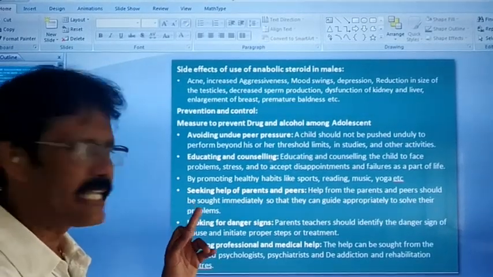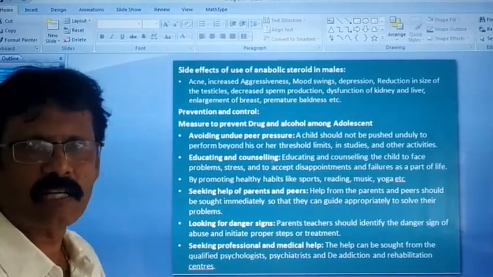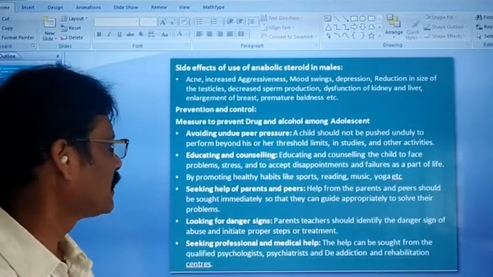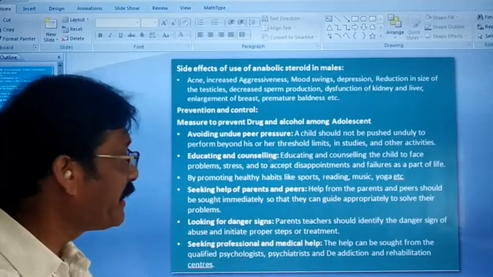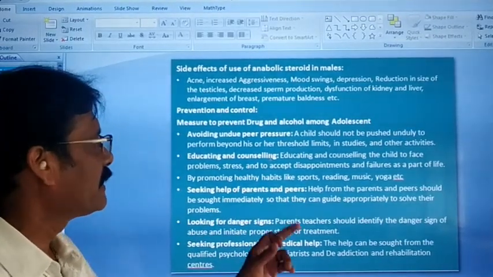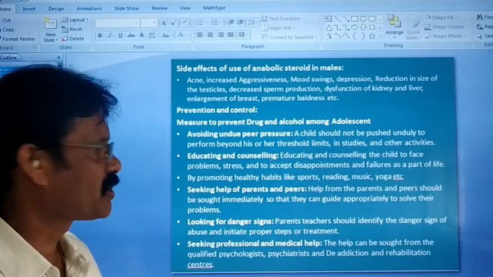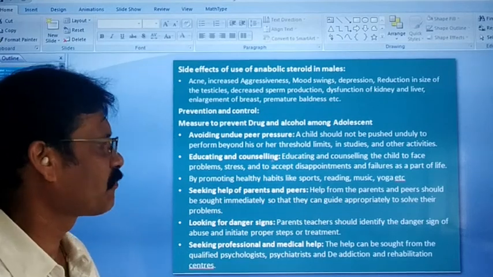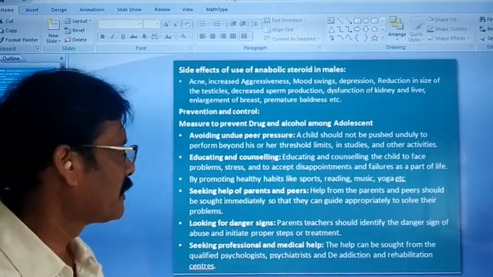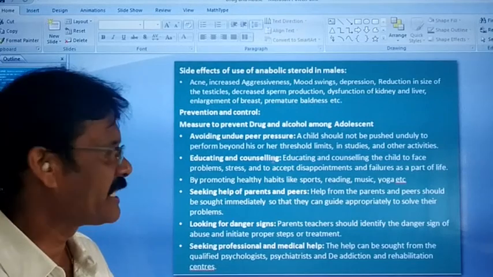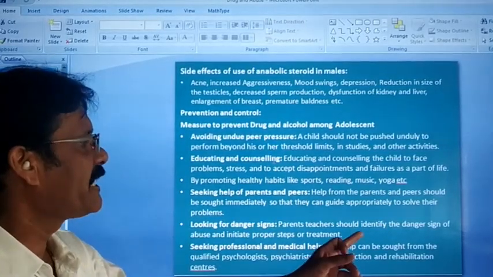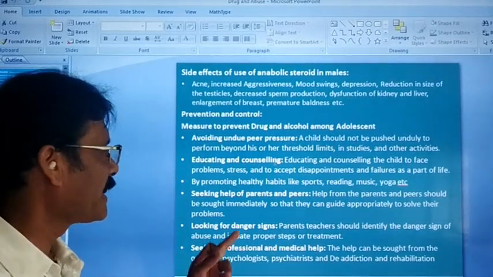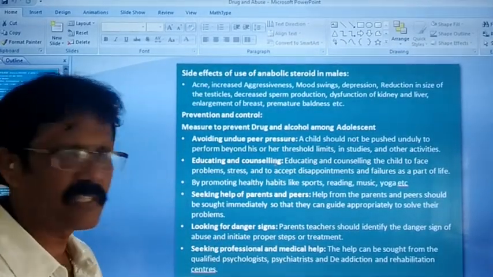Next one is seeking help from parents and peers. Help should be sought immediately so that they can guide appropriately to solve the problems. Looking for danger signs: parents, teachers, and friends should identify the danger signs of drug abuse and initiate proper steps or treatment.